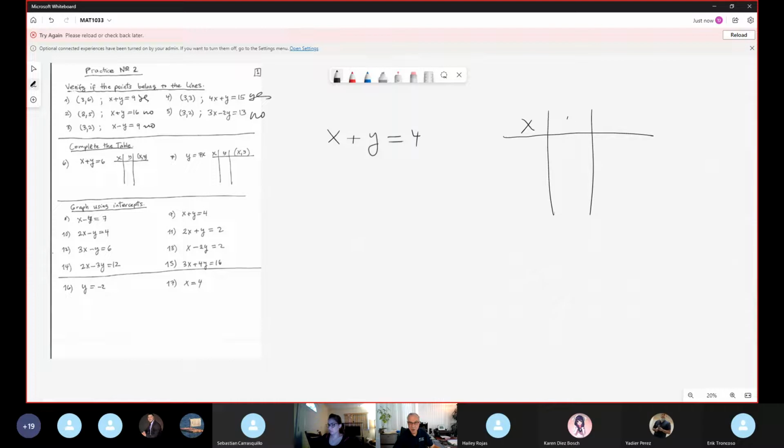x, y, x, y. I like the table to contain 3 columns, guys. The column of the x, the column of the y, and the connection of both put together. Okay, so now 0 in x, 0 in y. It's obvious that y is 4. And 0 in y, it's obvious that x is 4.